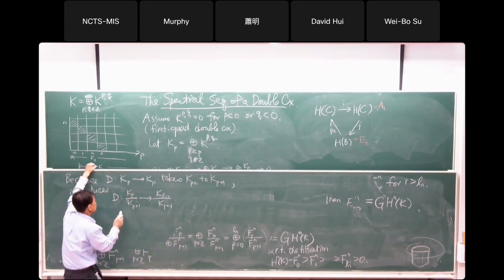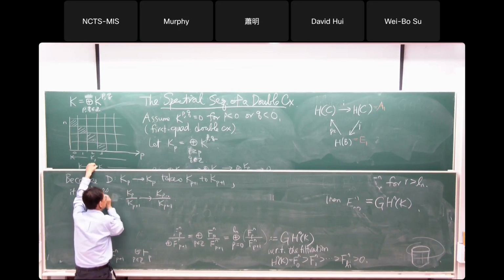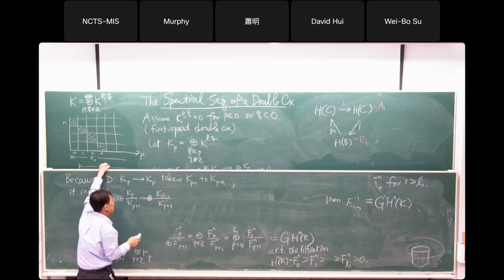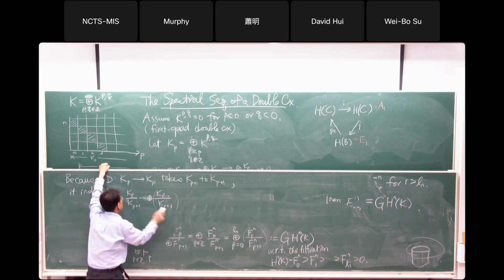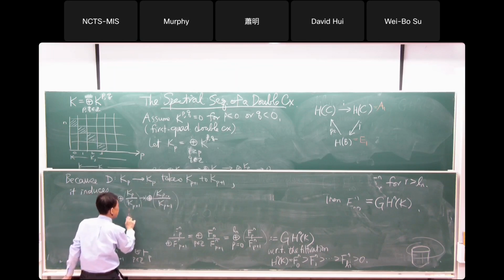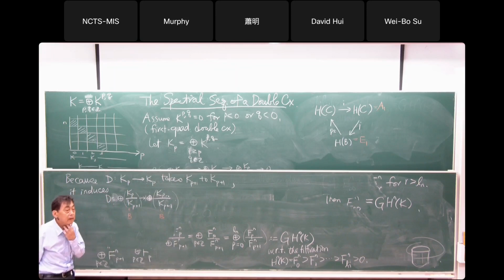And if you take the direct sum, then that's B. So the differential on B is really this big D.